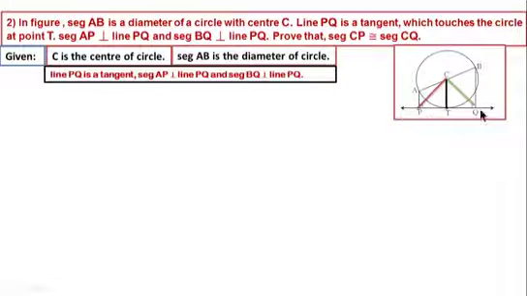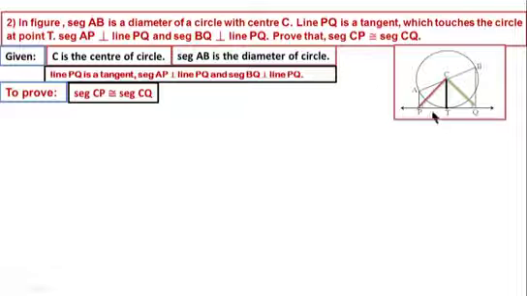Segment AP perpendicular to line PQ and segment BQ perpendicular to line PQ. To prove: segment CP is congruent to segment CQ.